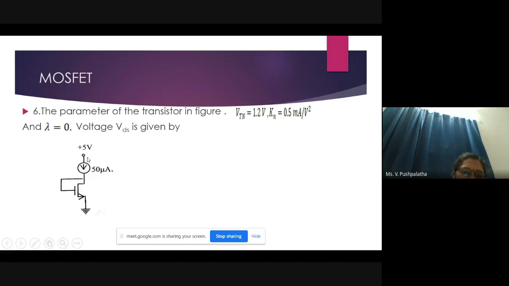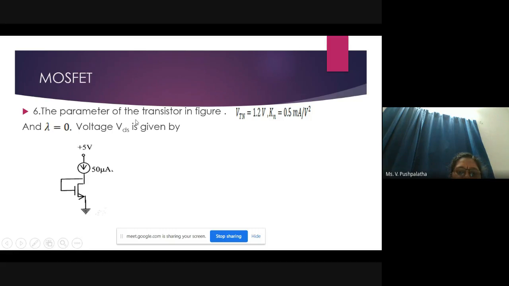So here they have not given any resistor. Directly they had given the current value. Okay, so IDS equal to 50 microamps, right? Your drain and gate is shorted here. Please try to observe the diagram carefully. So your drain and gate is shorted here.